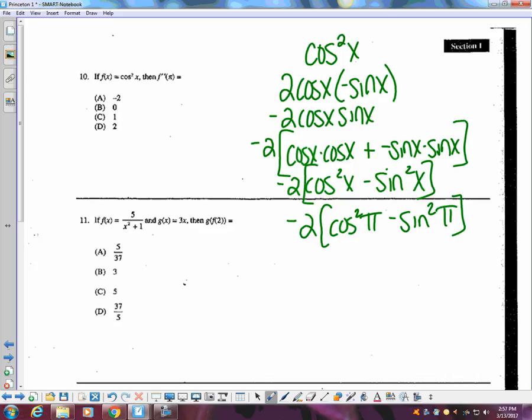Okay, pi is west. So what's cosine of west? But it's squared, so positive 1. And what's sine of west? 0 squared is 0. So negative 2.